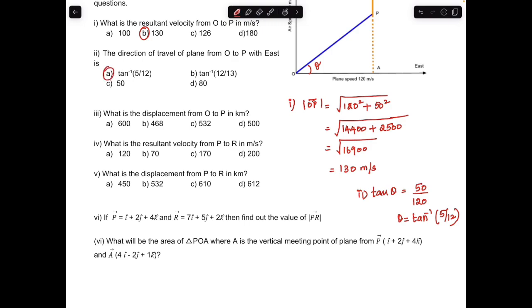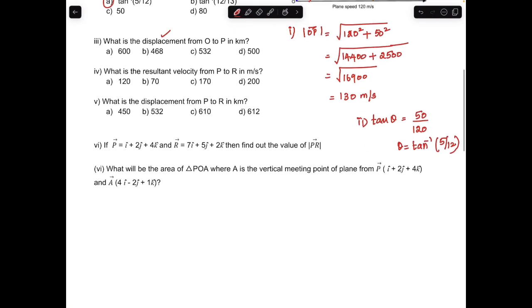Third subdivision, what is the displacement from O to P in kilometers? The question is asking for displacement. From O to P, we have derived the resultant velocity already in the first subdivision. So resultant velocity from O to P is equal to 130 meter per second.